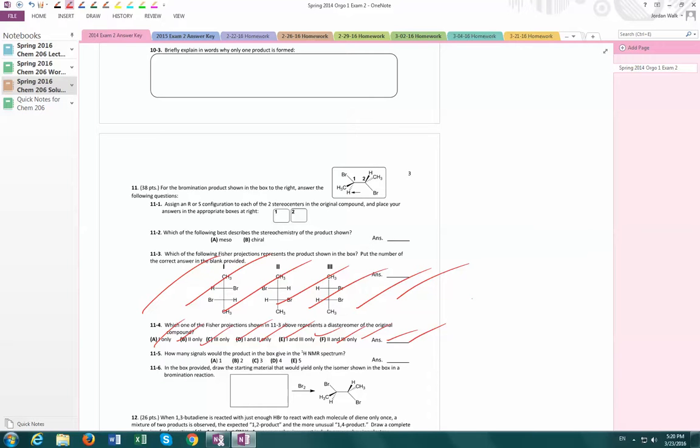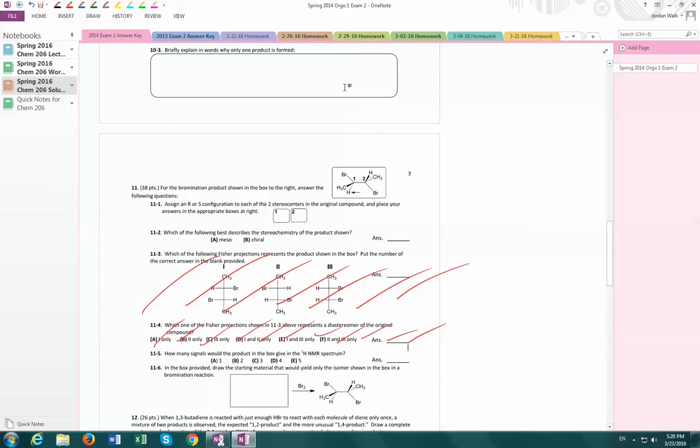Any other? It's for 11. Okay. How do you know it's meso? All right, so let's see. How do we know it's meso?